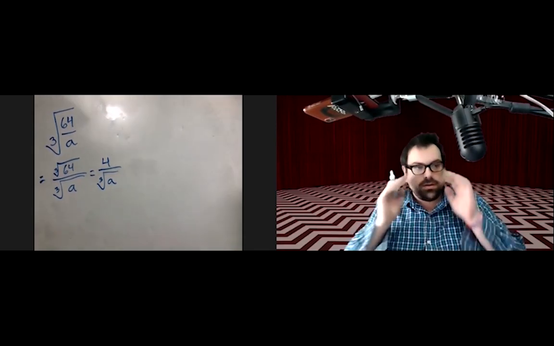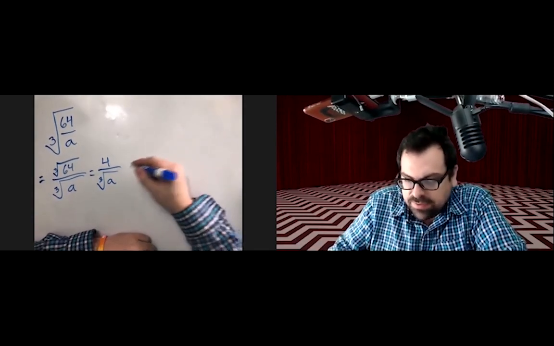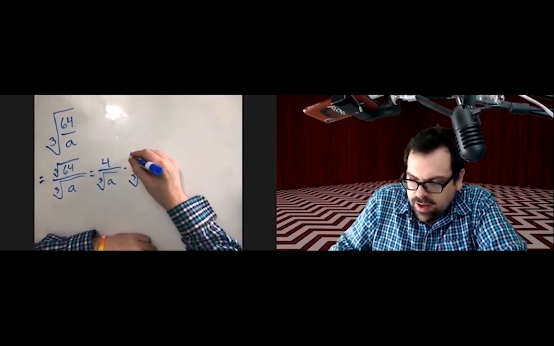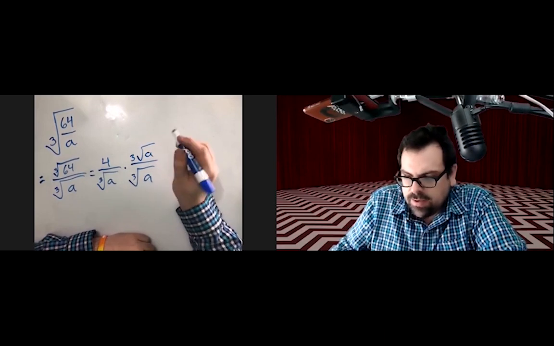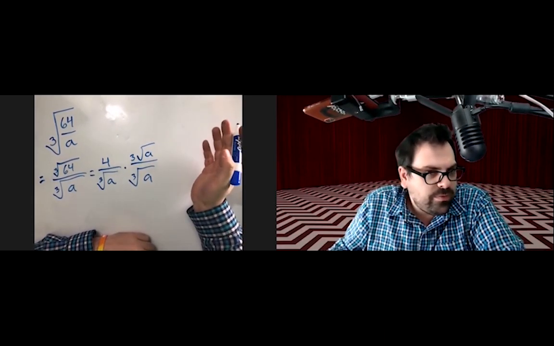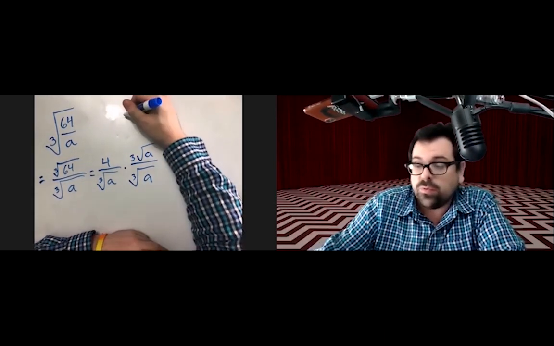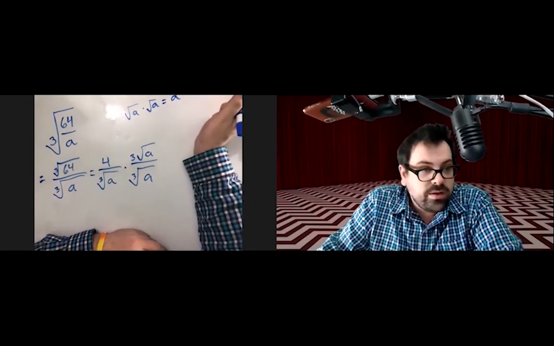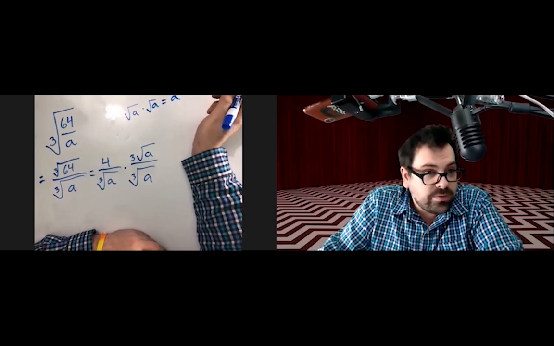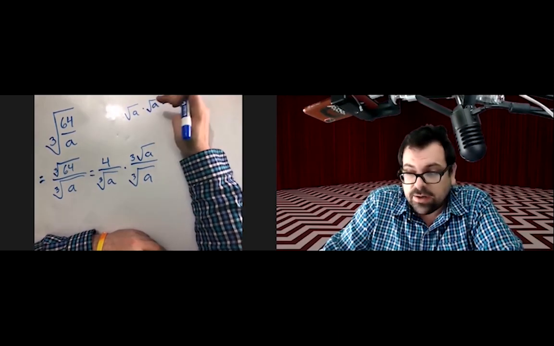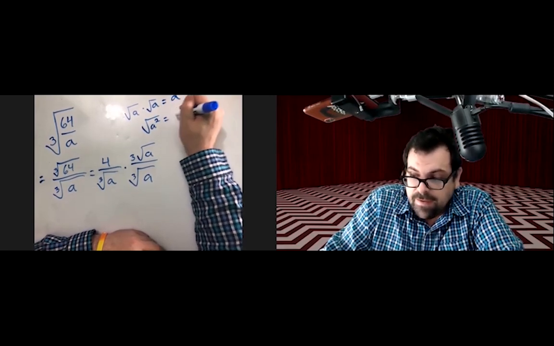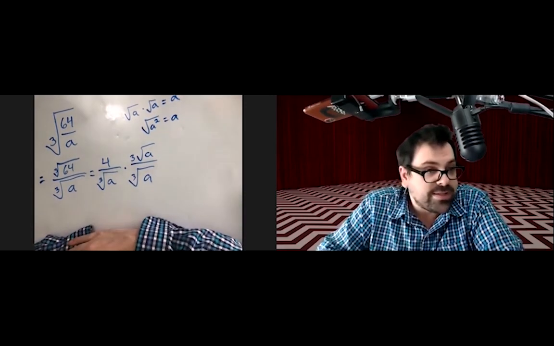Now here, we can't just multiply by the cube root of a over itself. Because unlike a square root, where a square root times a square root does get rid of the radical, because it's a square underneath a square root, and the square root cancel away.